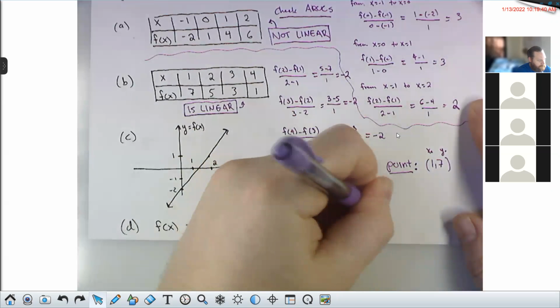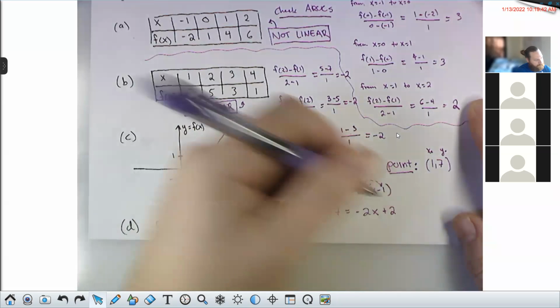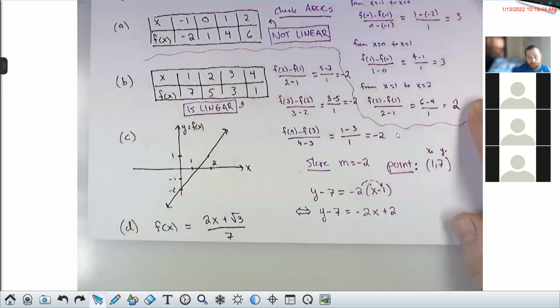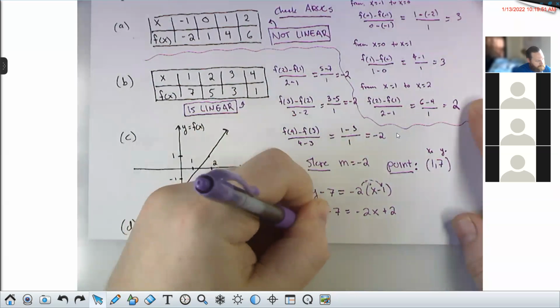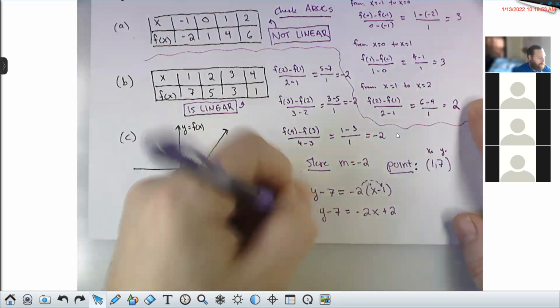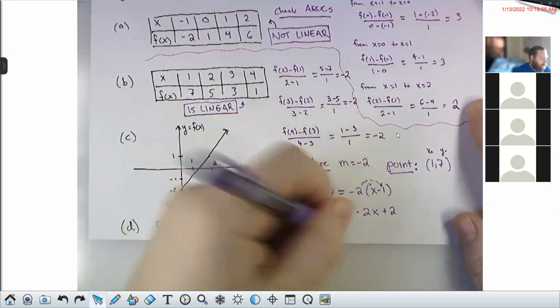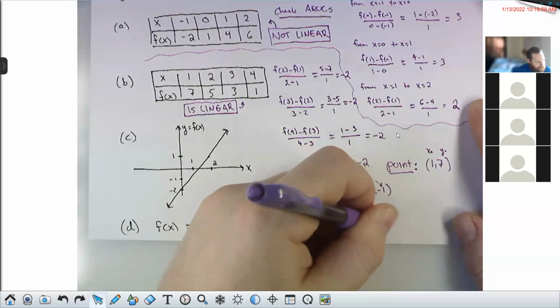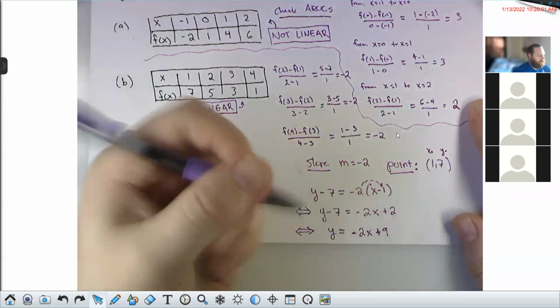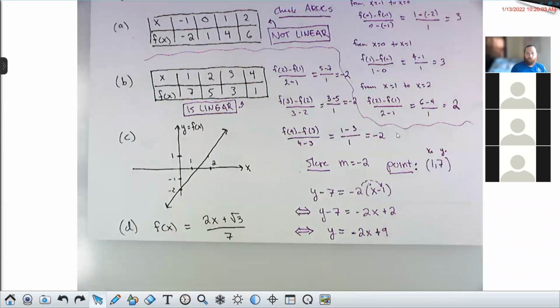That's negative 2x plus 2. And then adding 7 everywhere, we get y equals negative 2x plus 9. So the y-intercept here is 9. And the slope, like we said, is negative 2.